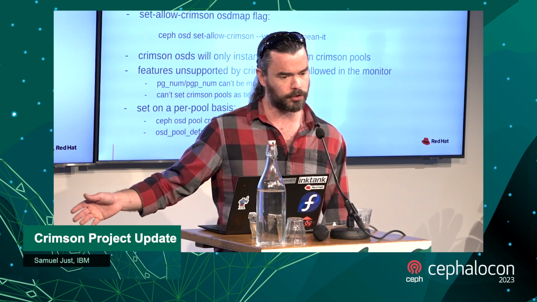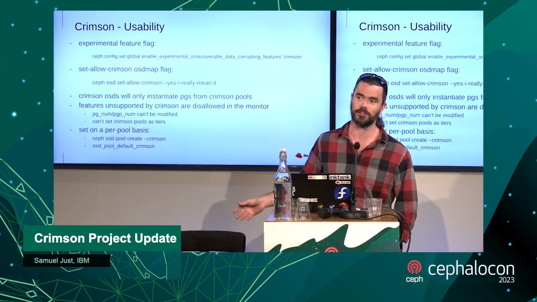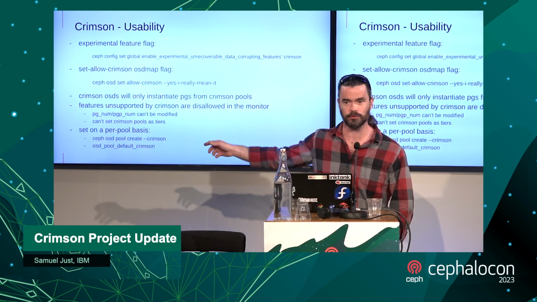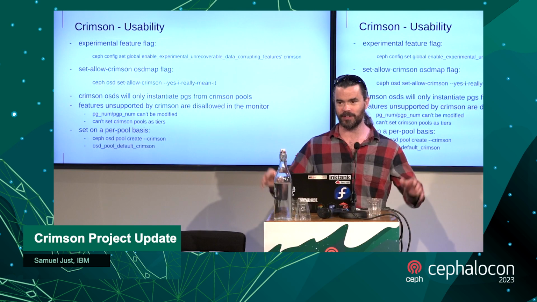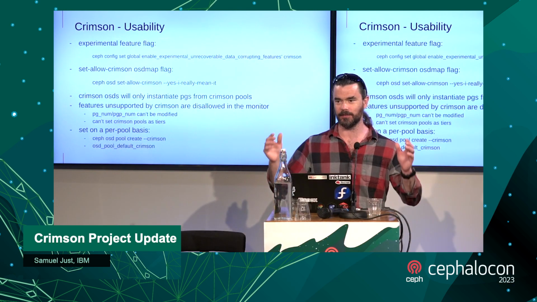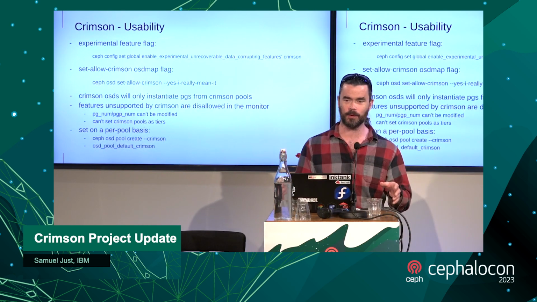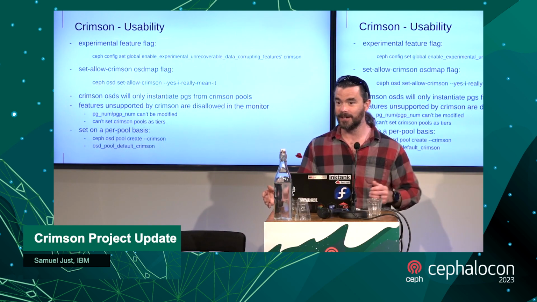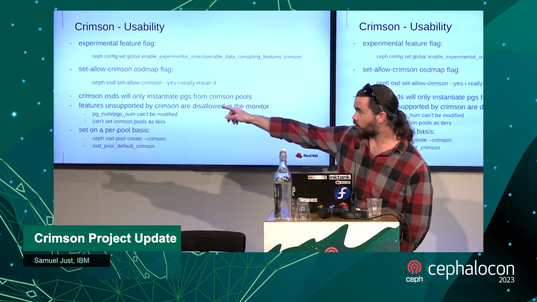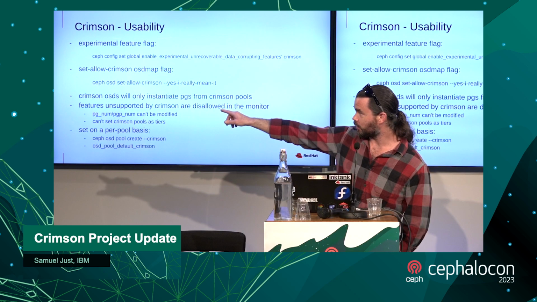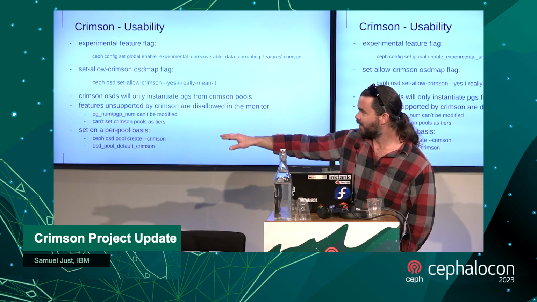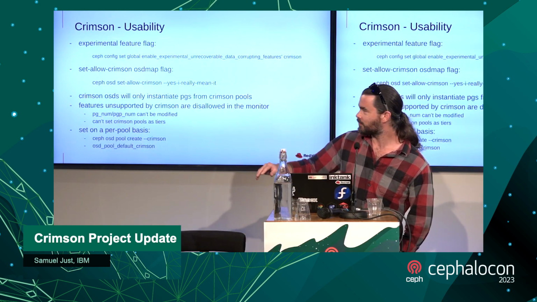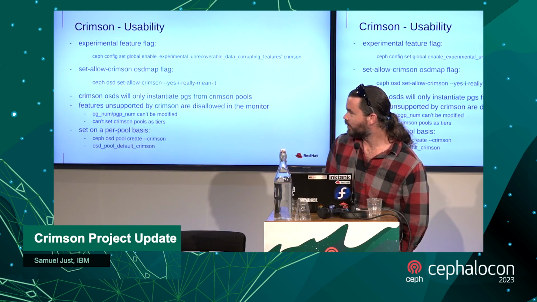Because we're interested in users actually using this now, it was very important to make sure that users do not accidentally use Crimson, because while we want users using it, we do not want anyone trusting actual data to it yet. If your cluster breaks, we'll be interested in learning why, but we probably won't help you fix it. So you have to set an experimental feature flag in the old classic Ceph version with a super long, annoying feature flag.